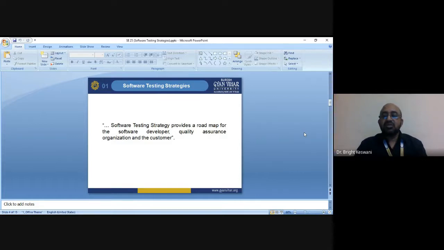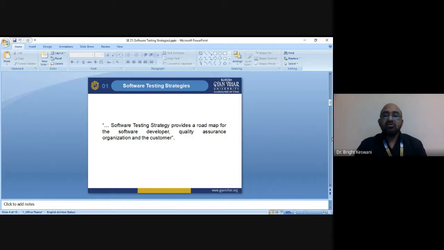As you know, software testing is a method of quality assurance, and it provides some strategy and some methods. So the software testing strategy provides a roadmap for the software developer, the quality assurance organization, and the customer.